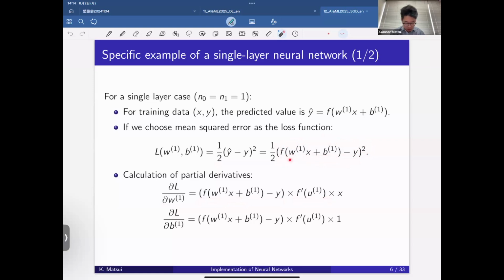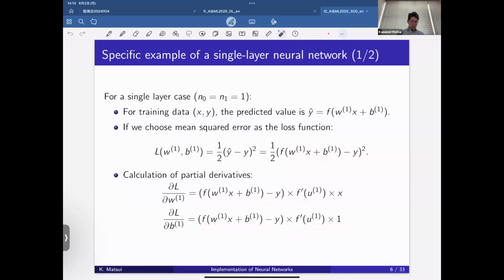Finally, since w1 is multiplied by x, x comes out. For the partial derivative with respect to b, the squared part is similarly differentiated, the derivative with respect to f comes out, and finally, since nothing is multiplied to the bias, 1 comes out.